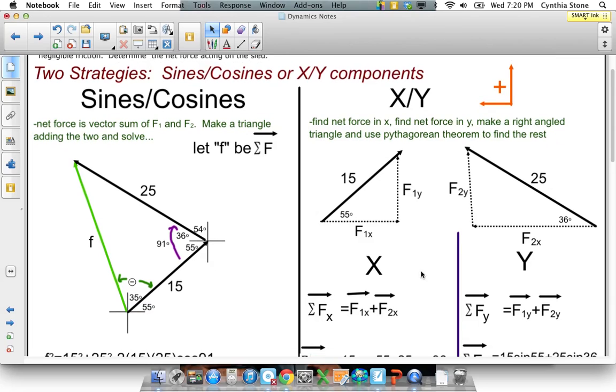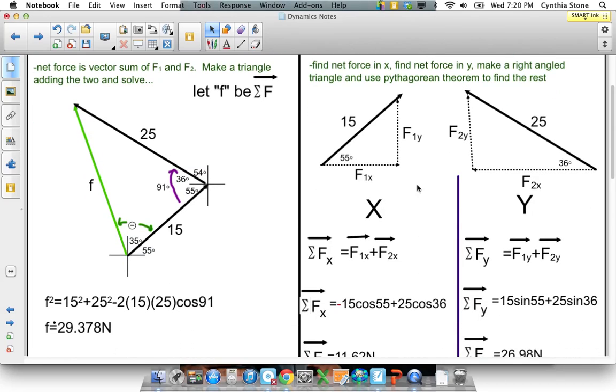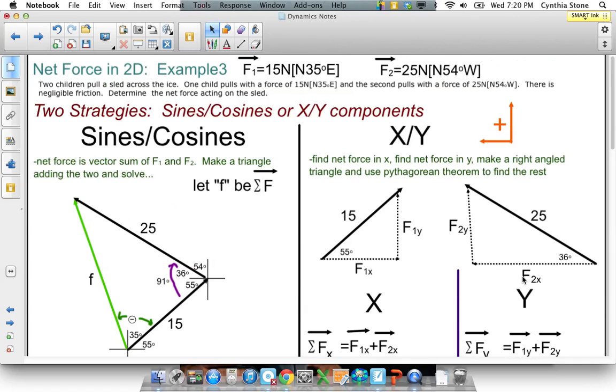Okay, so again, breaking up my thing here into x and y. In the x, the net force in the x is the first kid plus the second kid horizontal components. And on the y is first and second. Okay, add them up. So I would have had to declare a positive direction, which in this case I'm saying north and west.